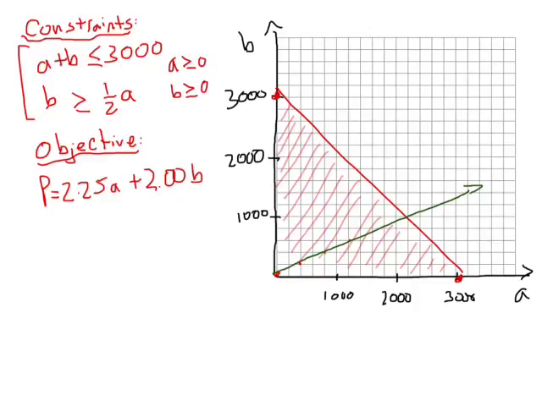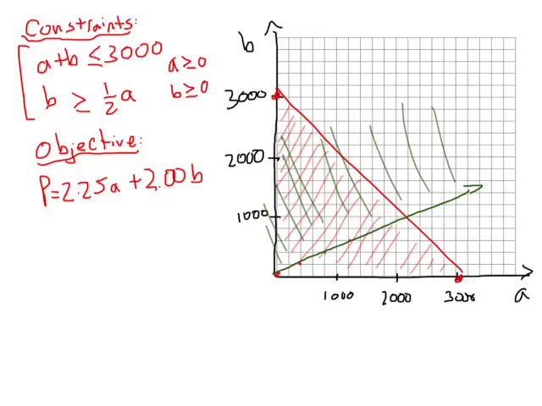All right, so we get a line like that, and we're going to shade. Let's test a point. If we test a point like 0, 1,000, when A is 0, B is 1,000. Is 1,000 greater than 1/2 times 0? It sure is. So we're going to shade above. Okay. And our double shaded region is right here in the middle.